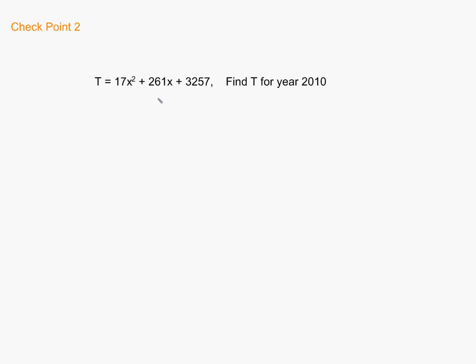Let's look at the checkpoint exercise now. Here they give you the same formula, the cost of tuition, and this time they want to know for the year 2010. So again, what I want to do is first state my variables. I'm looking for my tuition, that's what I'm trying to find, and they give me x, and for year 2010 my x is going to be 10.